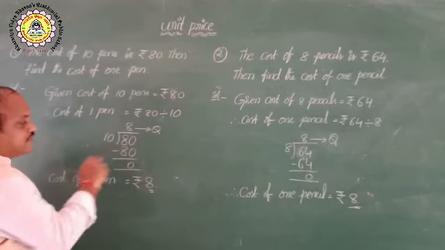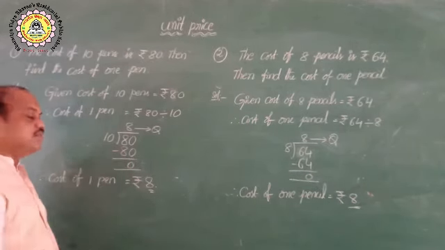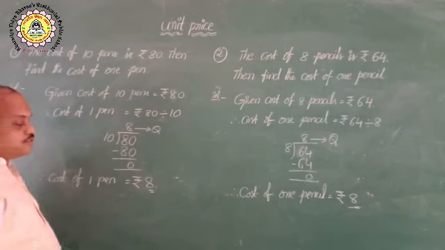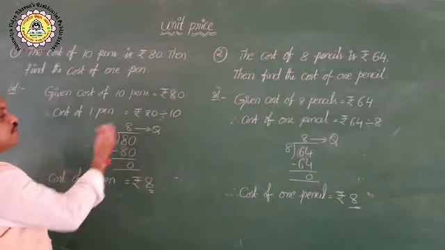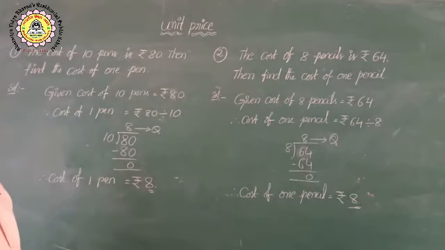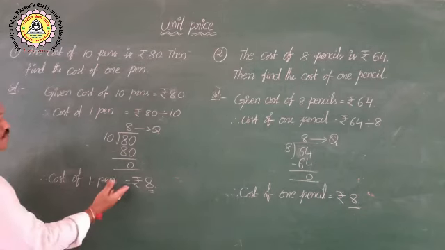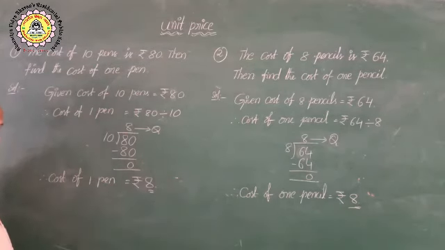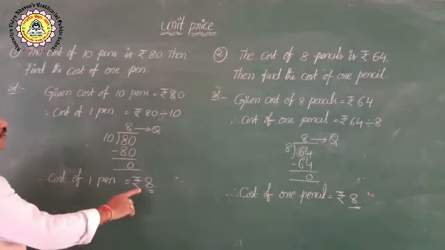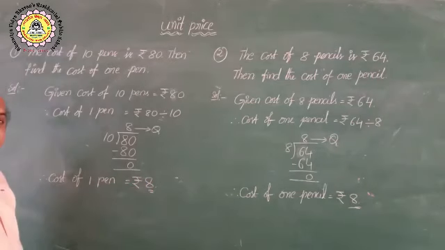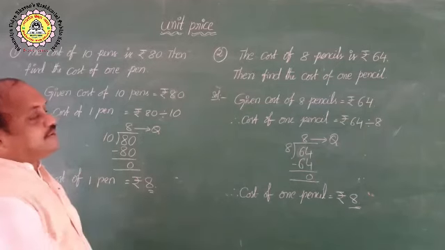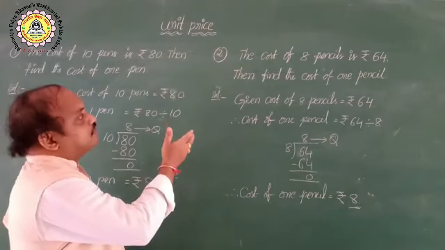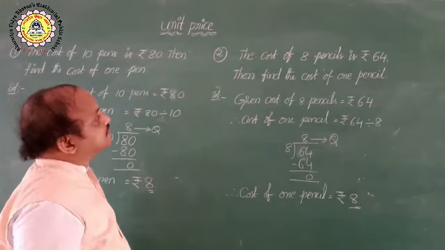Because both numbers are the same. So 0 is the difference, which is our remainder. Next, what is the quotient part? We got 8. That means 8 rupees is our quotient. Therefore, cost of 1 pen is equal to rupees 8. Is it clear to all? Okay. Now, let us move to the second sum.